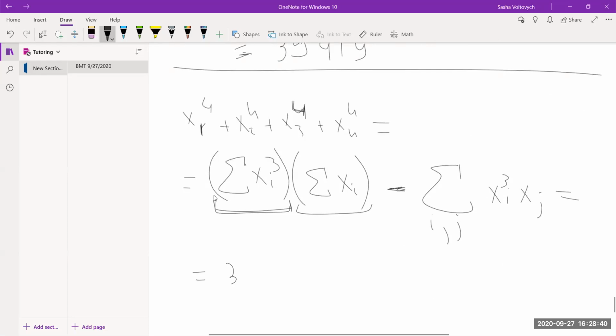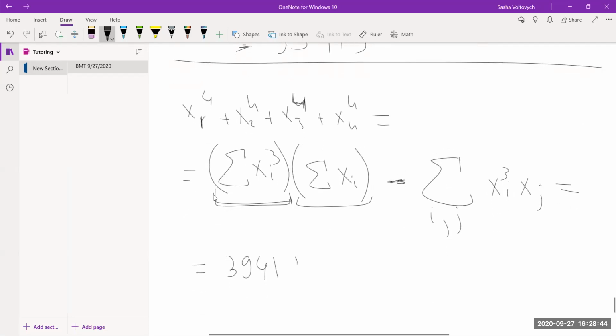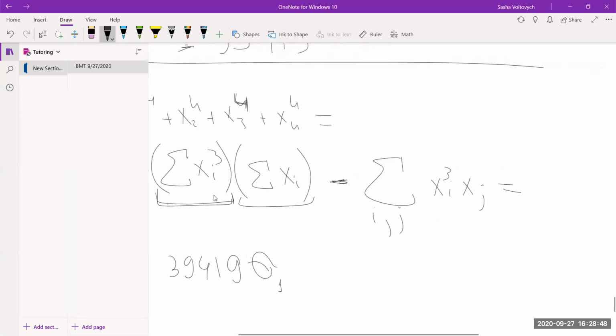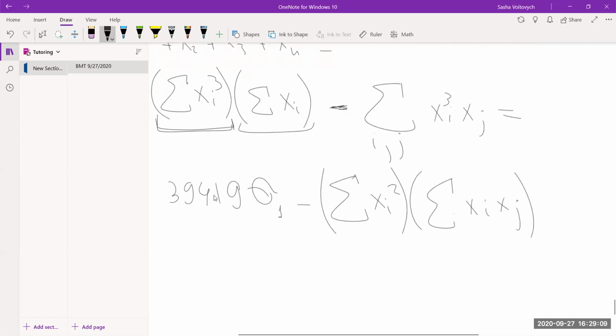In fact, we can just plug in the value for it, and this will be sigma 1. Okay, so this is minus, and minus the sum. This sum we decompose into a sum of terms like these.